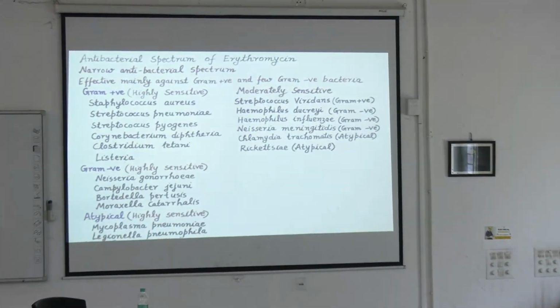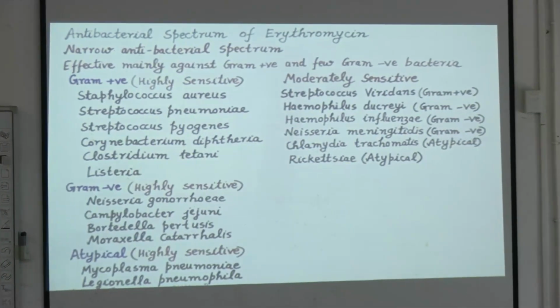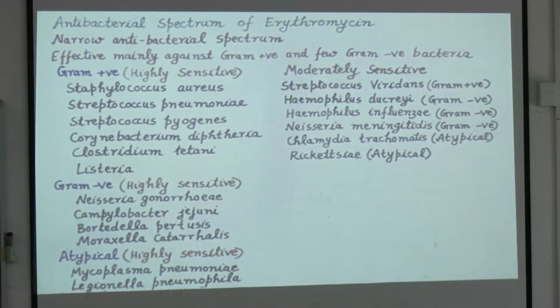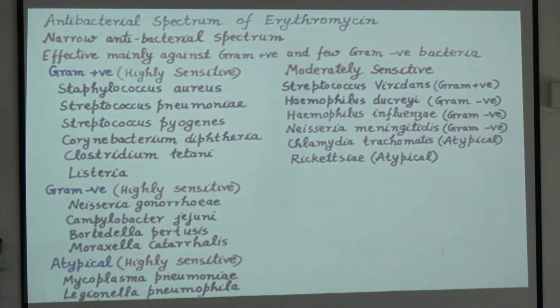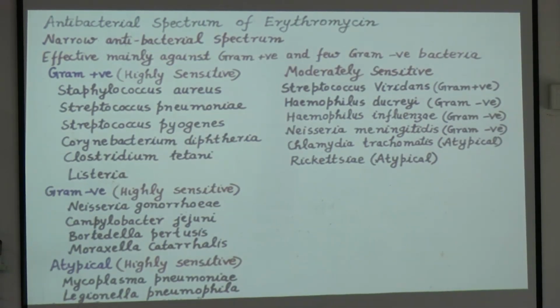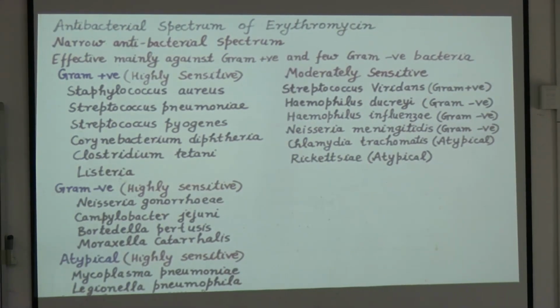There are some organisms like Mycoplasma, Legionella. They cause infections whose symptoms are not very typical. They cause atypical pneumonia. What do we mean by pneumonia? Chest infection, infection of the lungs.